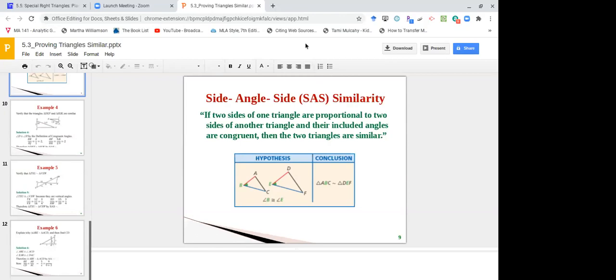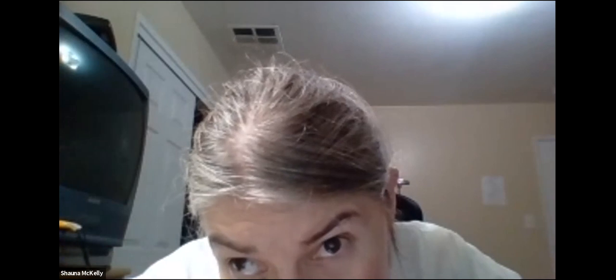I'm going to stop sharing this section at this time and share the other sections that you'll be covering this week. The next section that you'll be covering should be very familiar to you. It's a whole section devoted to the Pythagorean theorem.